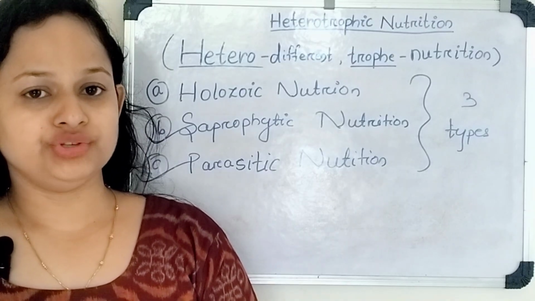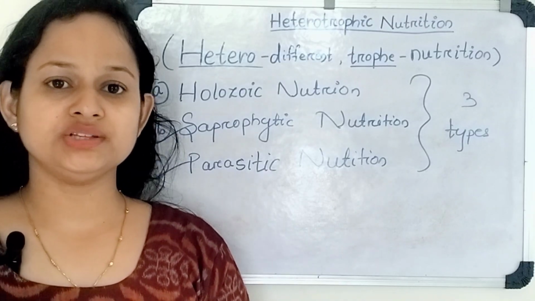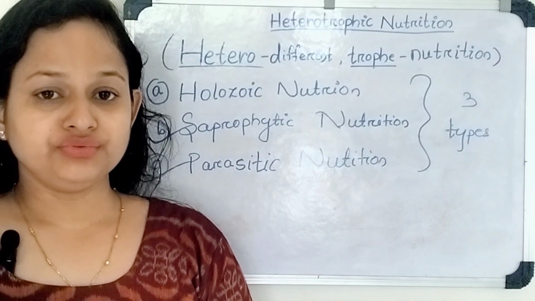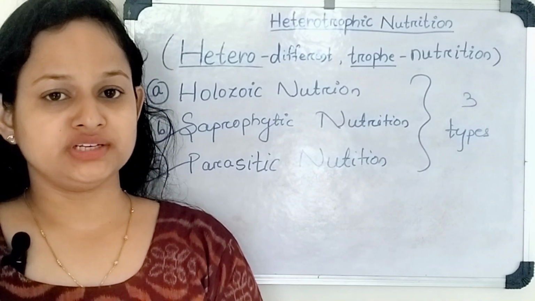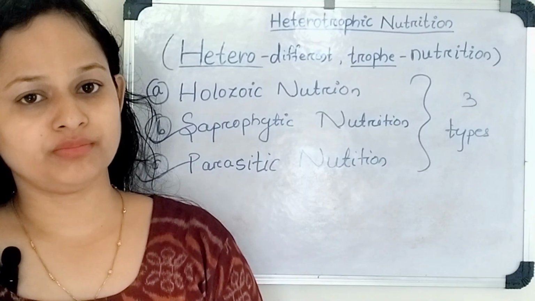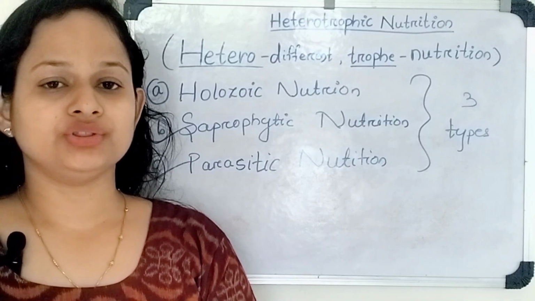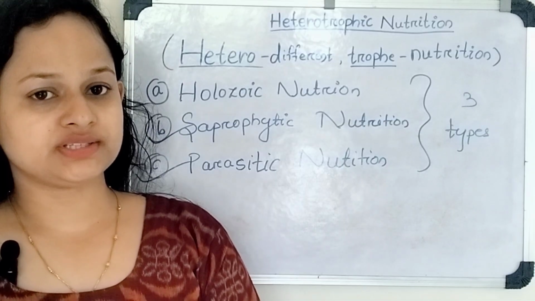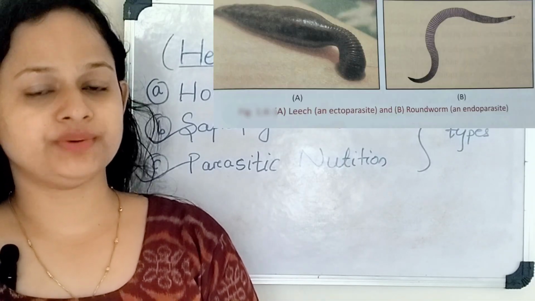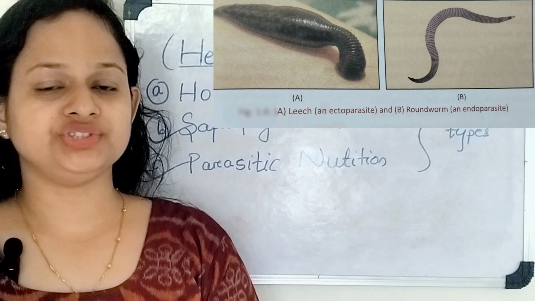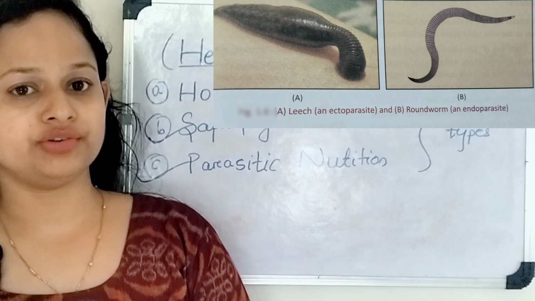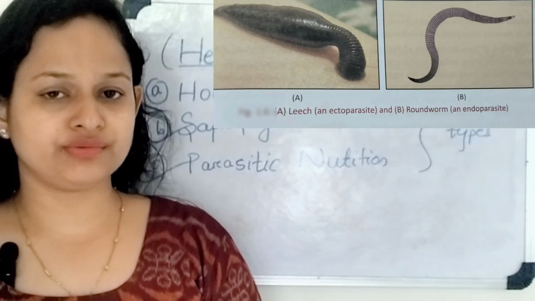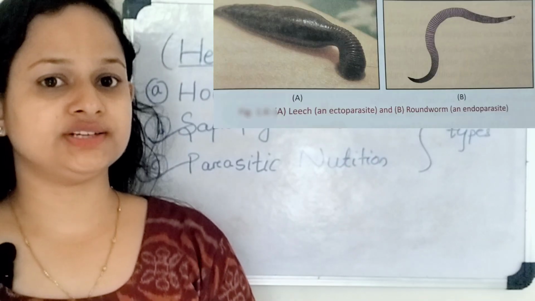The organism which provides the food is known as the host, and the organism that gets nutrients or food from the host is known as the parasite. Parasites may be of two types, ectoparasites or endoparasites. The parasites which are present on the external body part are known as ectoparasites, and those present inside our body are known as endoparasites.